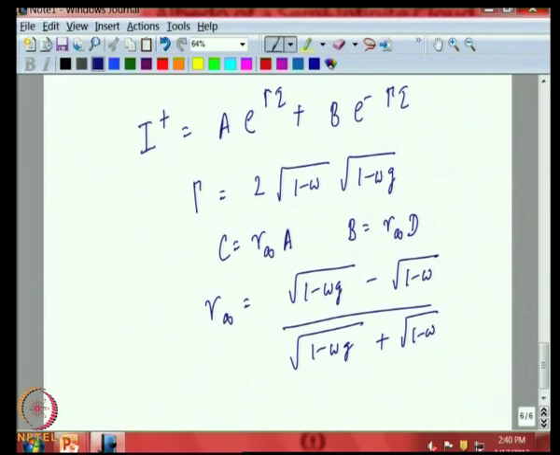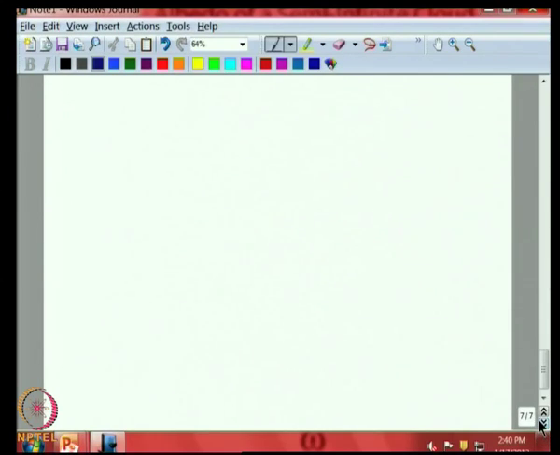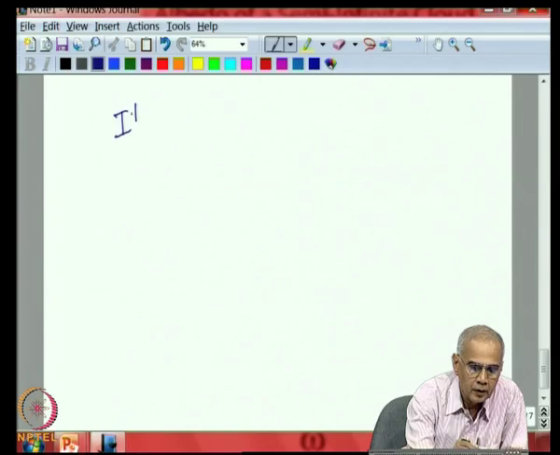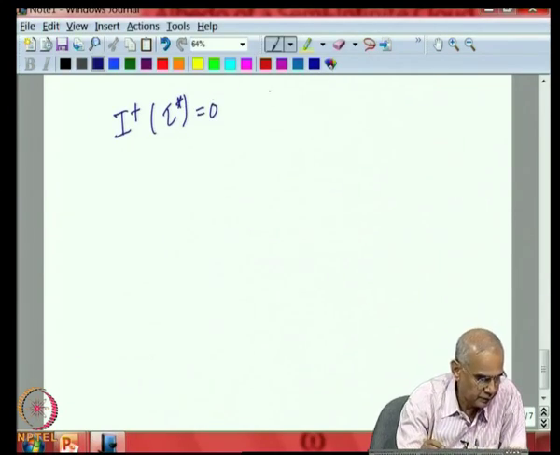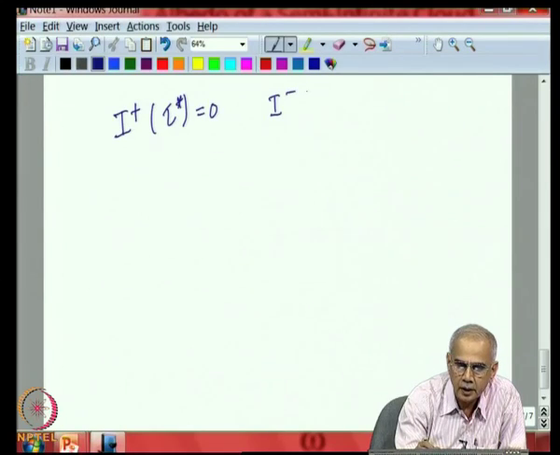Now, the next step, as in the previous exercise, is to use the boundary condition and derive expressions for reflectivity and transmissivity. That is the same logic as before. And so, let us now assume the boundary condition, which is that I plus at the bottom of the layer is equal to 0, black surface, and I minus at the top is equal to I 0.